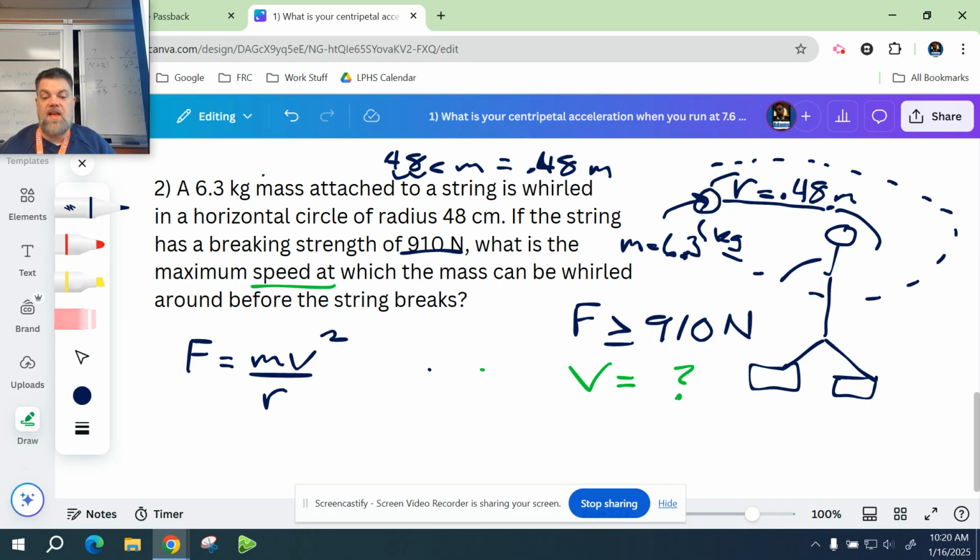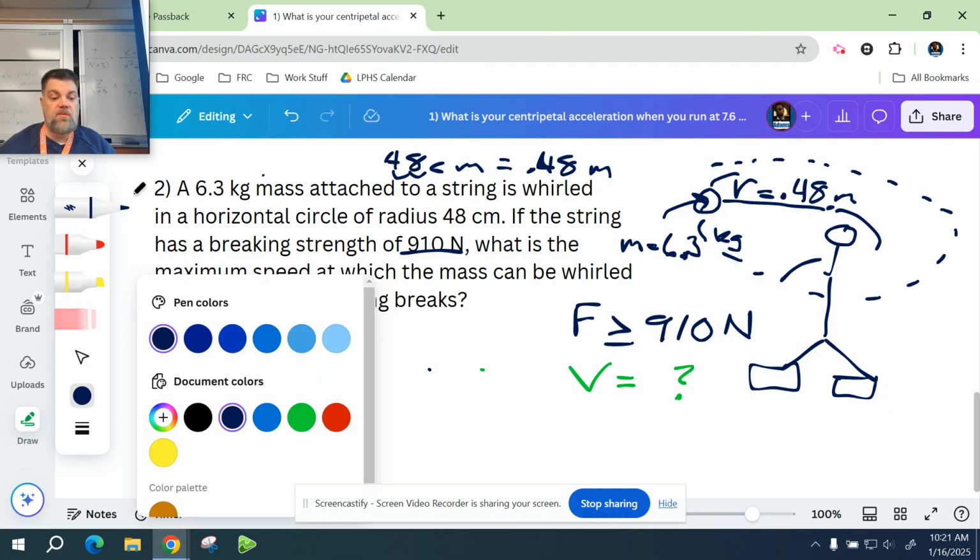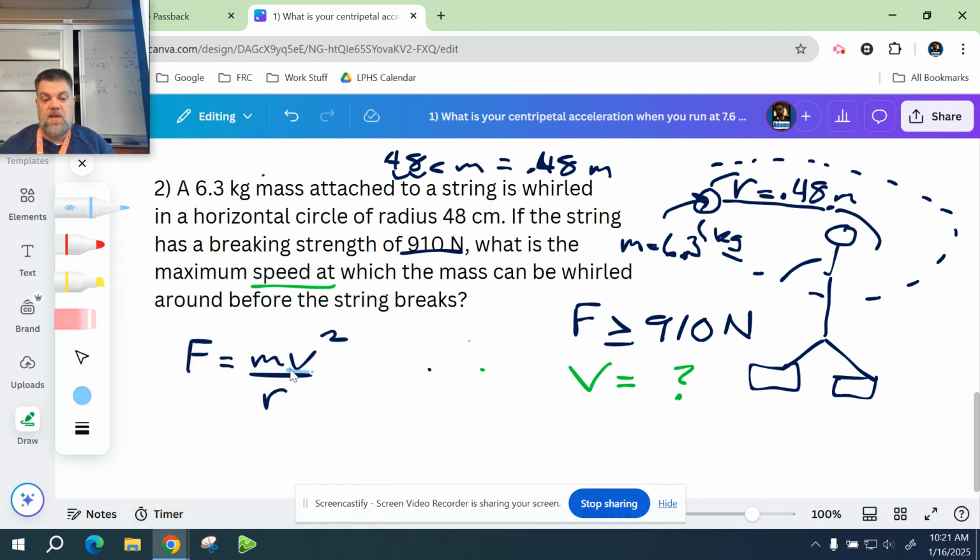All right. Well, what are they asking for? They're asking for v. There's two ways to do this. I could start plugging in the numbers and solve for v, or I can algebraically solve for v first. I like to solve for v first. So I've got to get v by itself, and then I just do algebra.